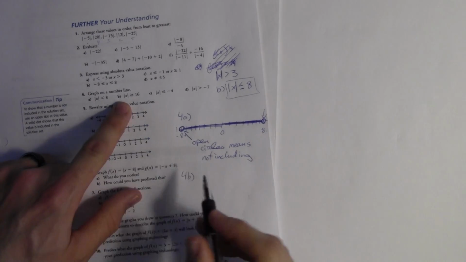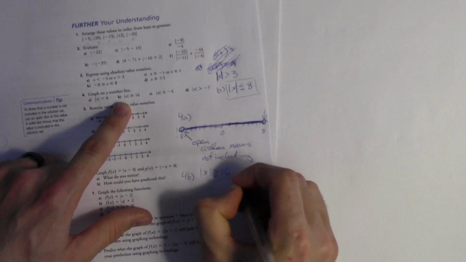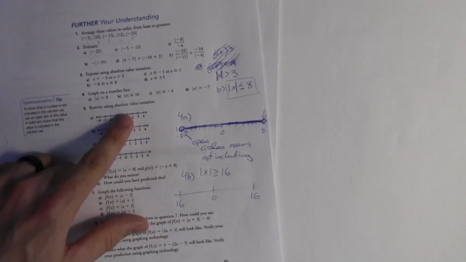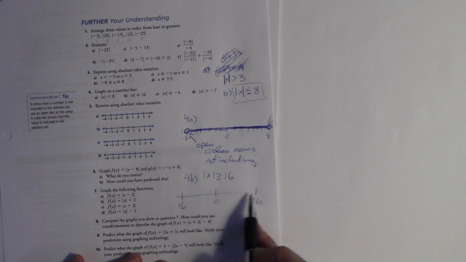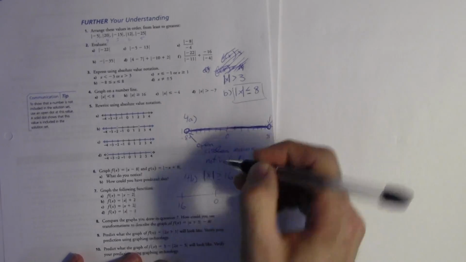Let's look at 4B. So we have the absolute value of x is greater than or equal to 16. It wants us to put that on a number line. So I'm just going to say this is 16 and this is 16 here. Okay? So on this number line, I have to color in all the values that satisfy this equation.